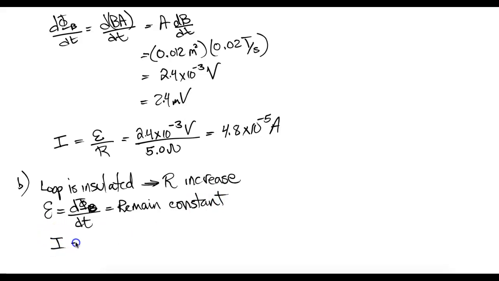That means that the current, which is the EMF over R, now will decrease because the voltage stays the same and R increases.